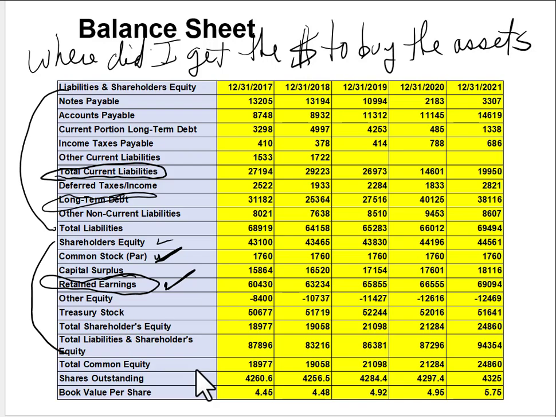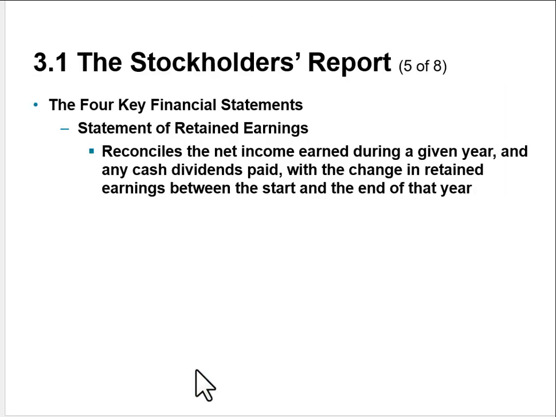So again, it's a different way of thinking about the balance sheet that can help us understand performance, and how we want to measure the way the company is operating. Now, in some of the things that we've talked about, there's also something called a stockholders report.